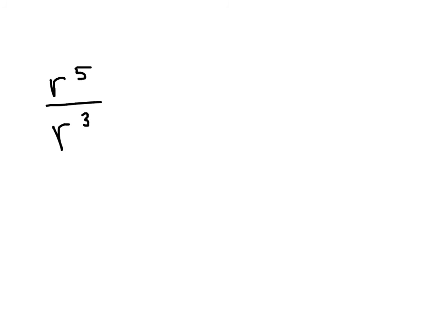Yeah, they're both what? R. I didn't know you guys were pirates. They're both R's. In order to do the quotient rule, we just subtract them. What's 5 minus 3? 2. So I end up with R squared.